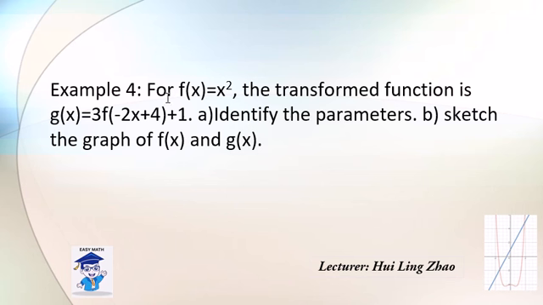Example 4. For f(x) equals x squared, the transformed function is g(x) equals 3 times f of the whole (negative 2x plus 4) and plus 1. There are two questions. One, identify the parameters a, k, d, c, and B, sketch the graph of f(x) and g(x).